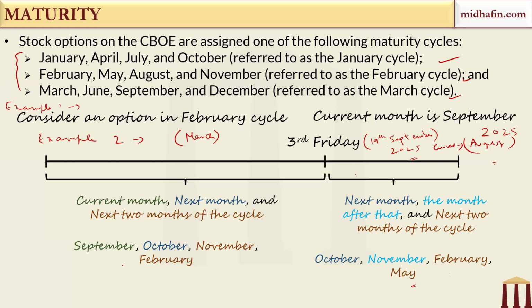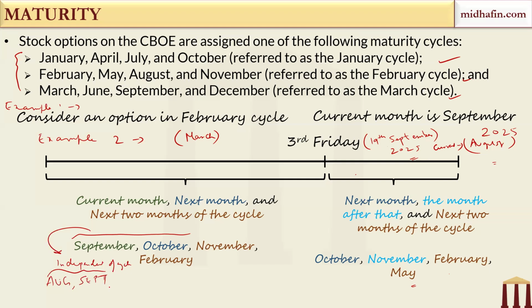Actually, it will be the current month, so August will be there for sure. Then the next month after August, you have September. For the first two, you don't even have to look at the cycle. These two are independent of the cycle, just like the earlier two.